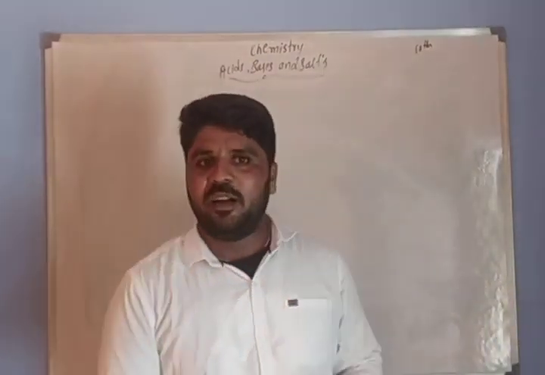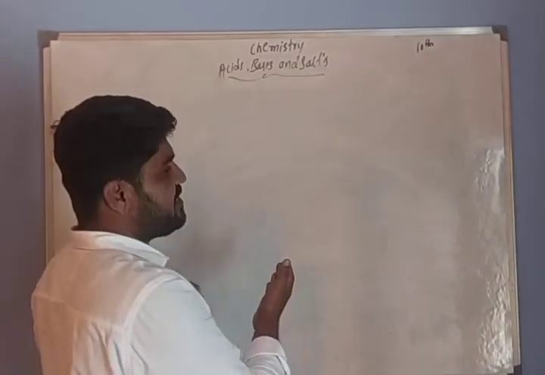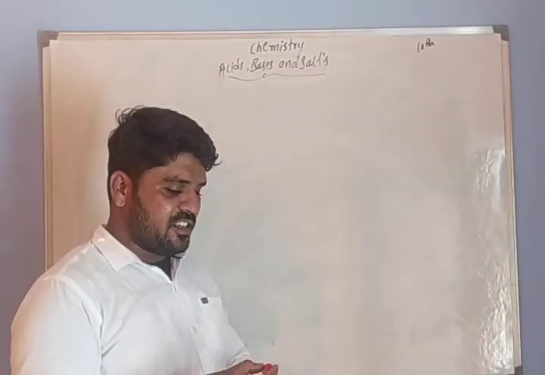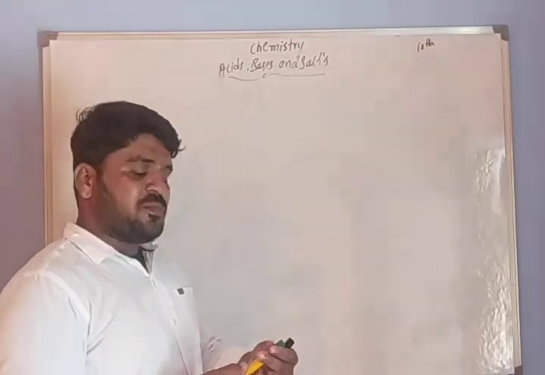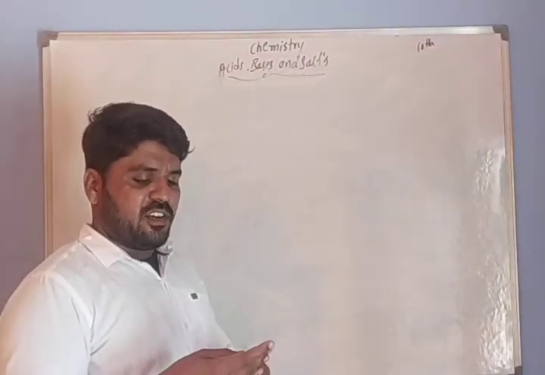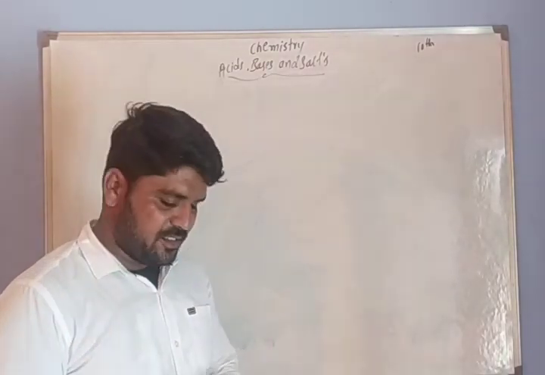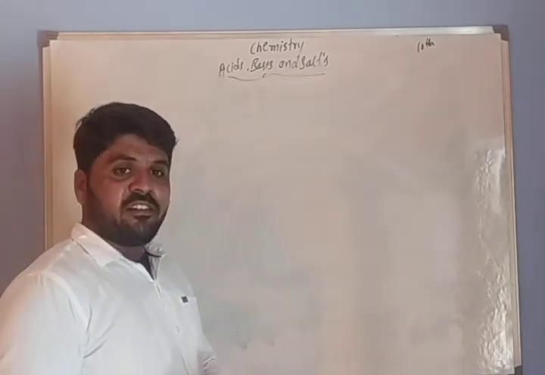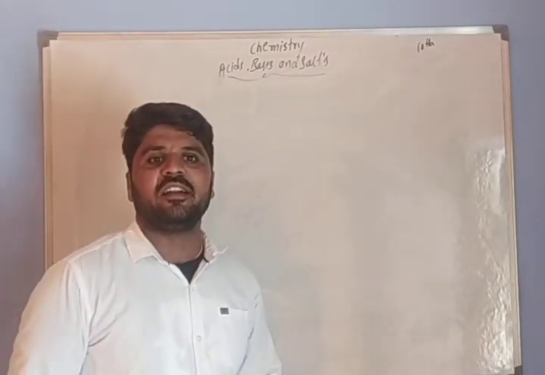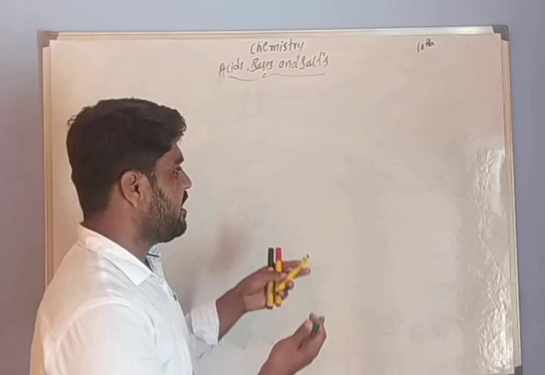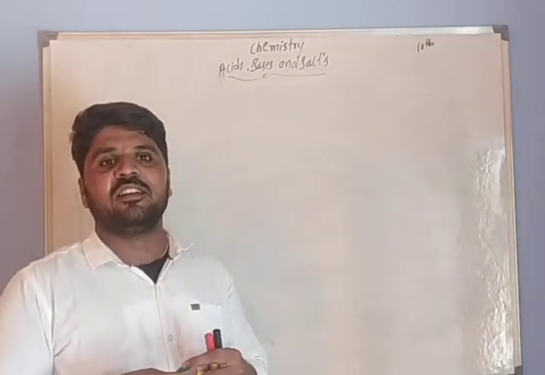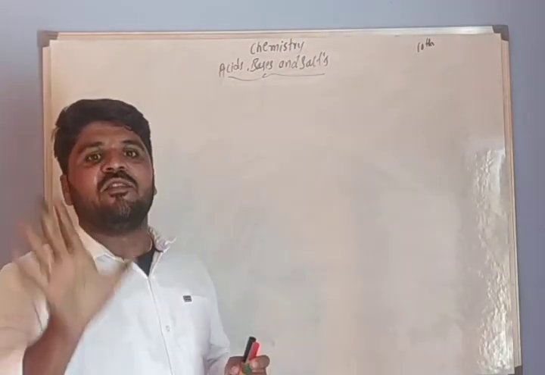Any acid reacts with water, it produces H plus ion, and bases react with water, produce OH minus ions. So one more thing, bases generally produce hydroxide ion, that is OH minus ion, in water, only in water.